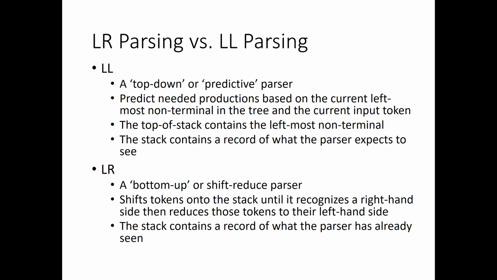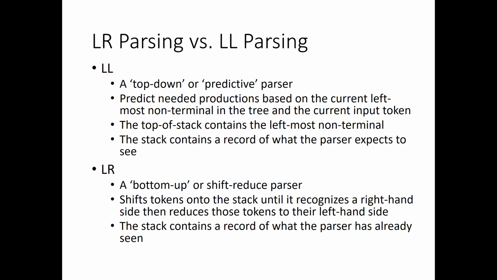LL parsing versus LR parsing: LL is top-down, LR is bottom-up. In LL parsing, we can predict the next production based on the current leftmost non-terminal in the tree and the current input token. The top of the stack contains the leftmost non-terminal. The stack contains a record of what the parser expects to see. But in the LR parser, the shift-reduce parser, which is bottom-up, we shift tokens onto the stack until it recognizes the right-hand side, then reduce those tokens to the left-hand side.